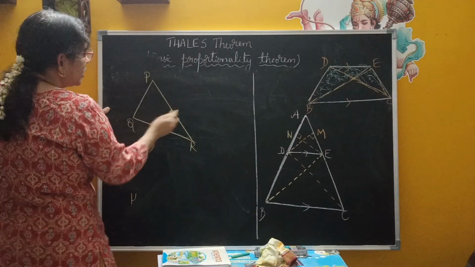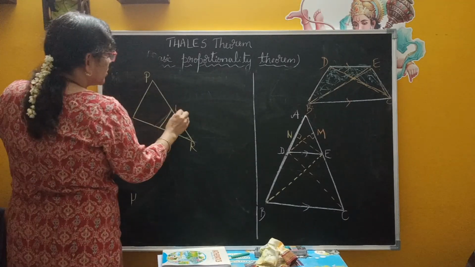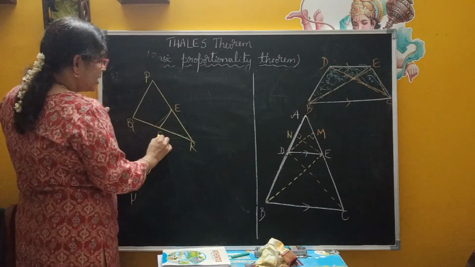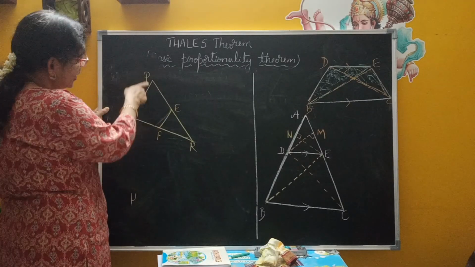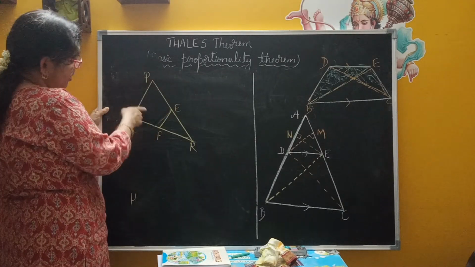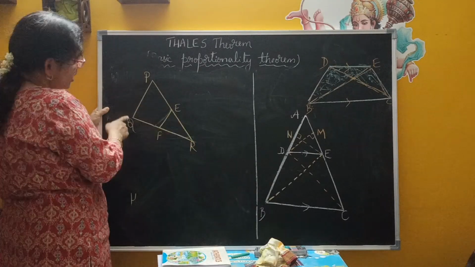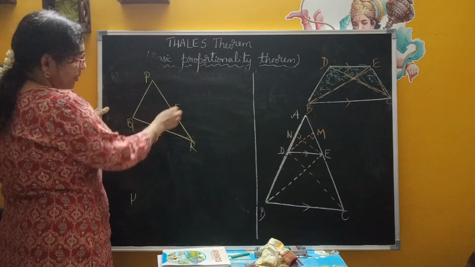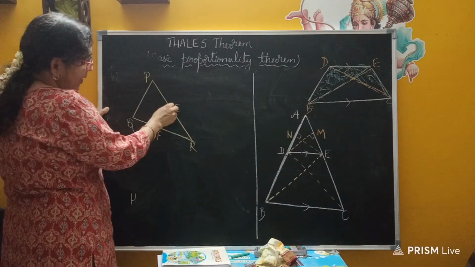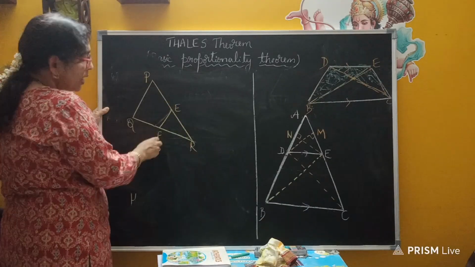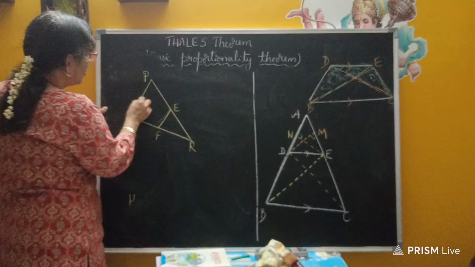Now these are the points E and F. They are distinct points, dividing PR and QR. This EF intersects PR at E and QR at F. So now these two are parallel sides.